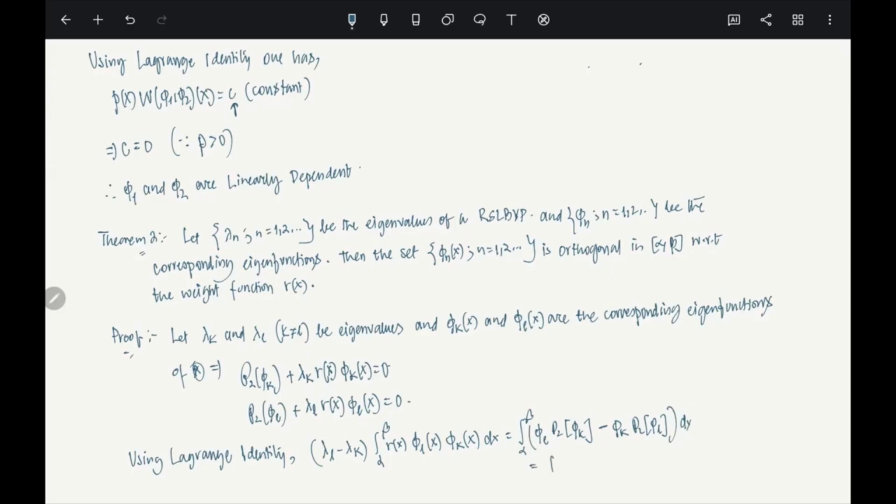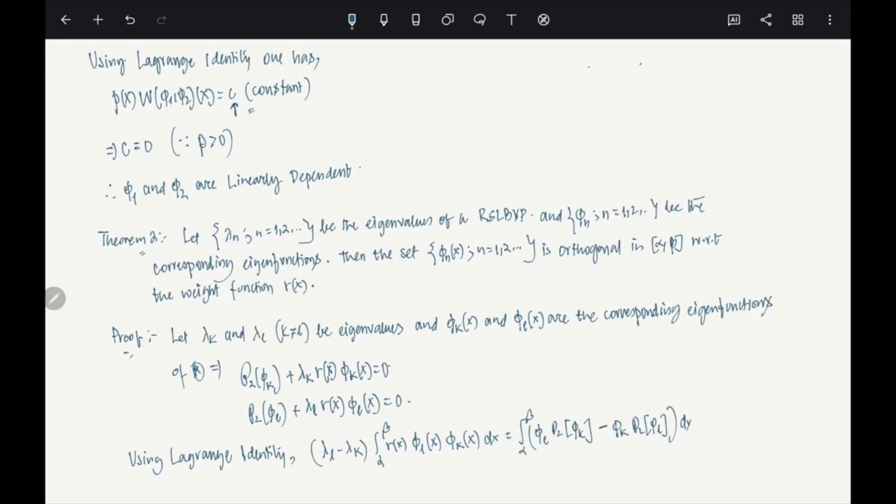You remember that the Wronskian part is there. By direct calculation of Green's identity, if you write it properly, it will be p times the Wronskian.